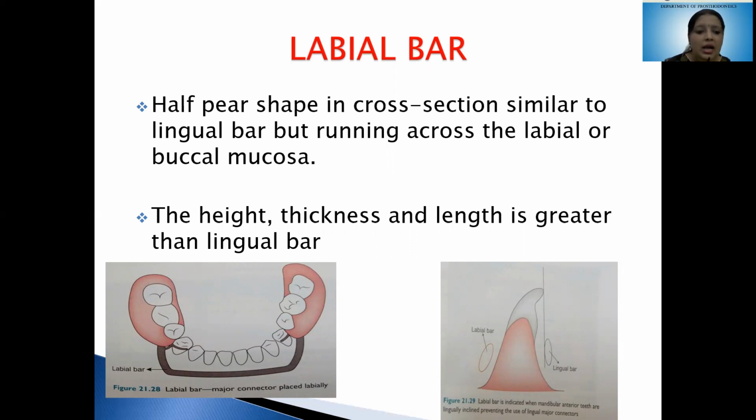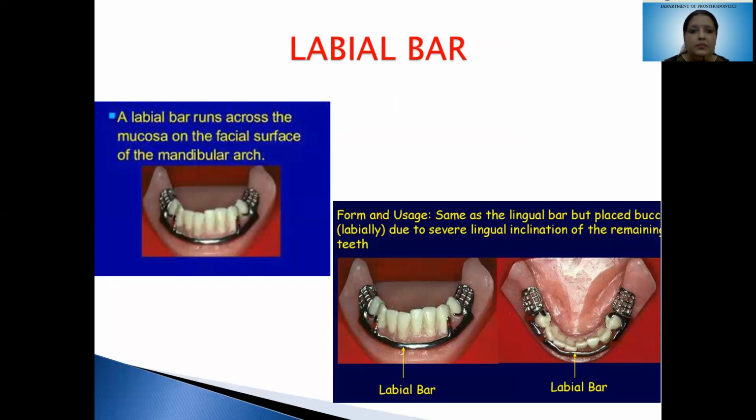This is again half pear in shape. The cross section is similar to the lingual bar, but it runs across the labial or the buccal mucosa. And the height, the thickness, and the length is more than the lingual bar.